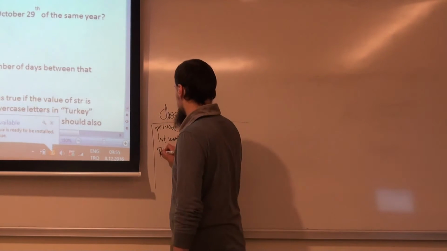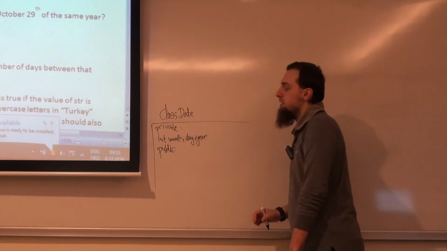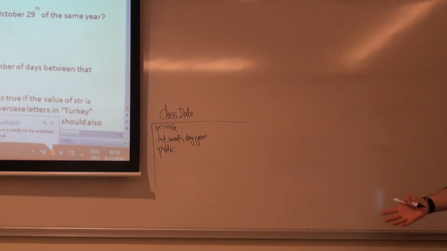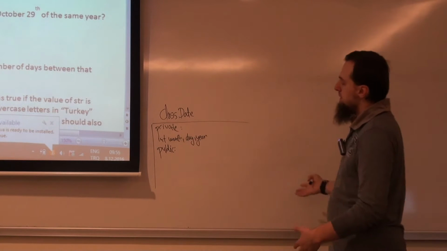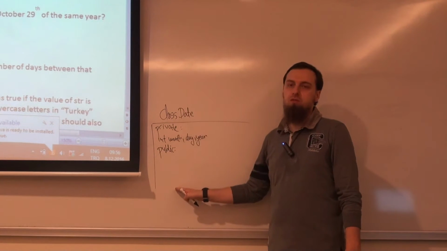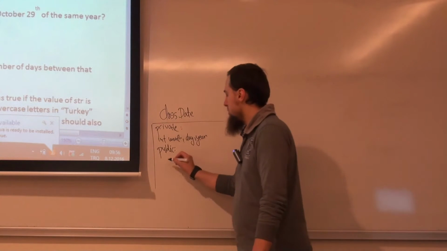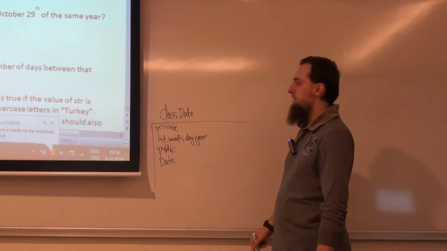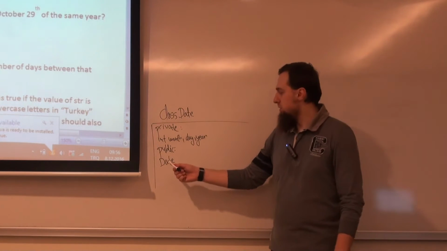Public. What did we have here? Most important here are member functions, and I expect from you to know what a member function is. It's a function that is defined and applies only to that particular class. So all the classes have this member function. This is called the constructor.